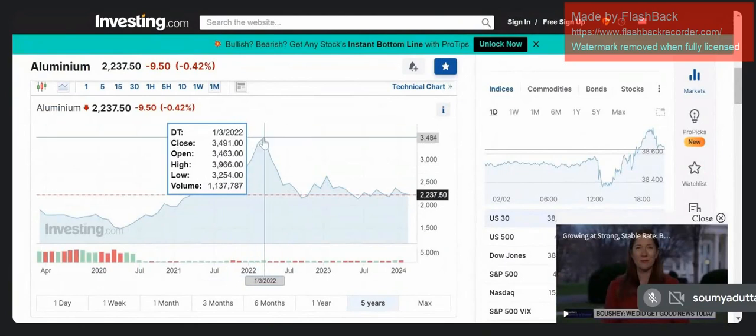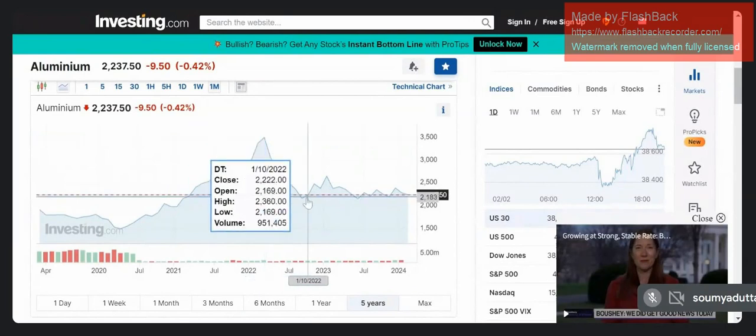In the graph, it is showing 3484 only, but it went up till 4,000 at that point, during the start of the Ukraine Russia war. And after the raising of the bond yields, it crashed by almost 50%.